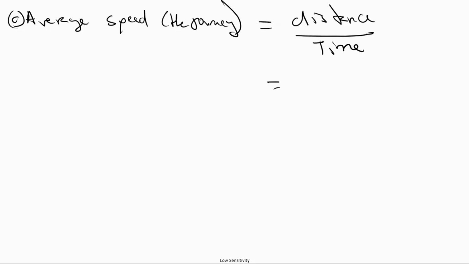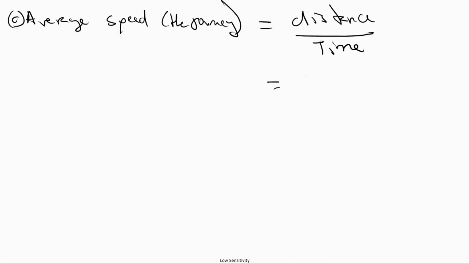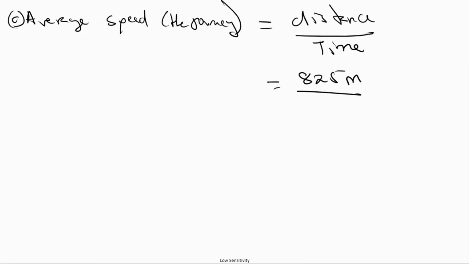We are given the distance. We know the distance traveled is 825 meters. We know the time spent is T minus 0, and we found T. So the time is equal to 45 minus 0, so we got our time here as 45.